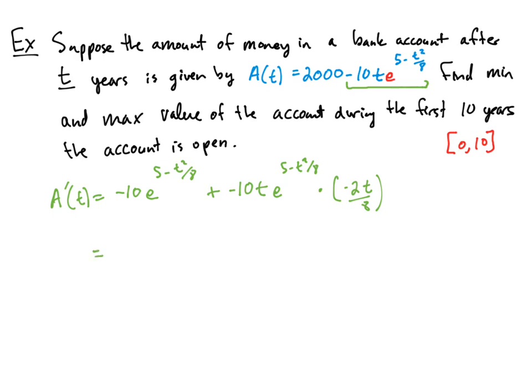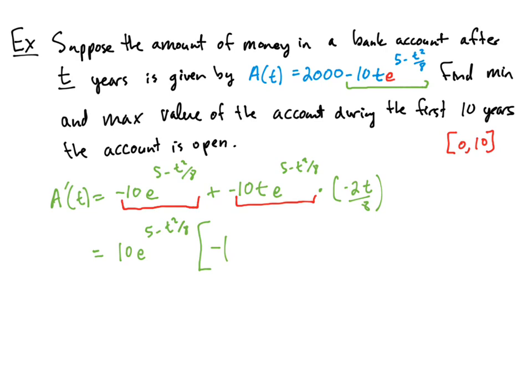Simplifying this a little, we see that we have a 10e to that exponent in each term, so I'm going to factor that out. We'll say 10e to the 5 minus t squared over 8. And then in parentheses, we're going to have negative 1 from the first term.